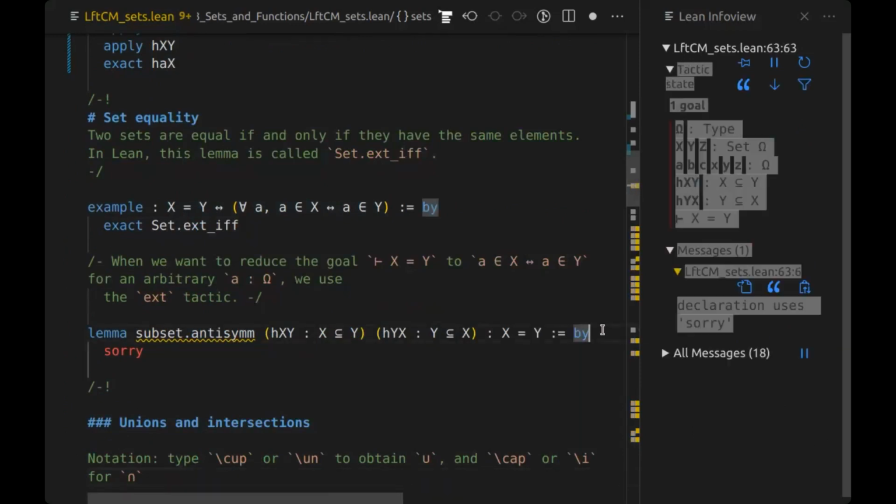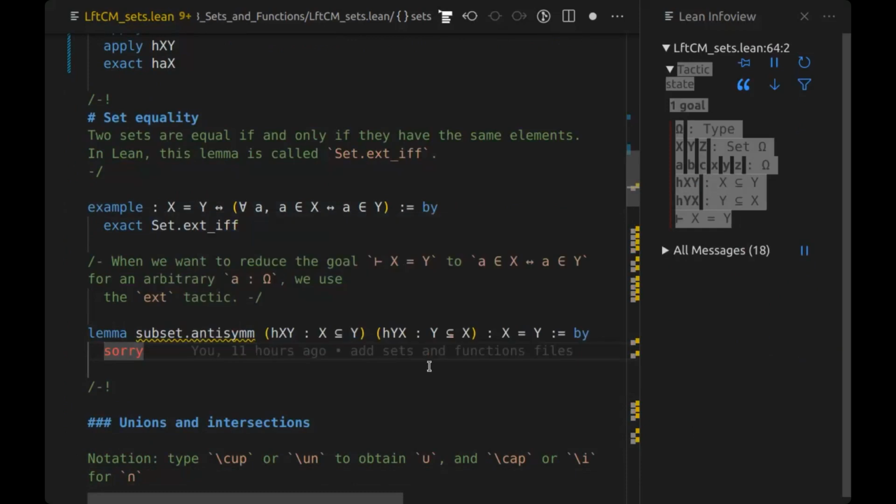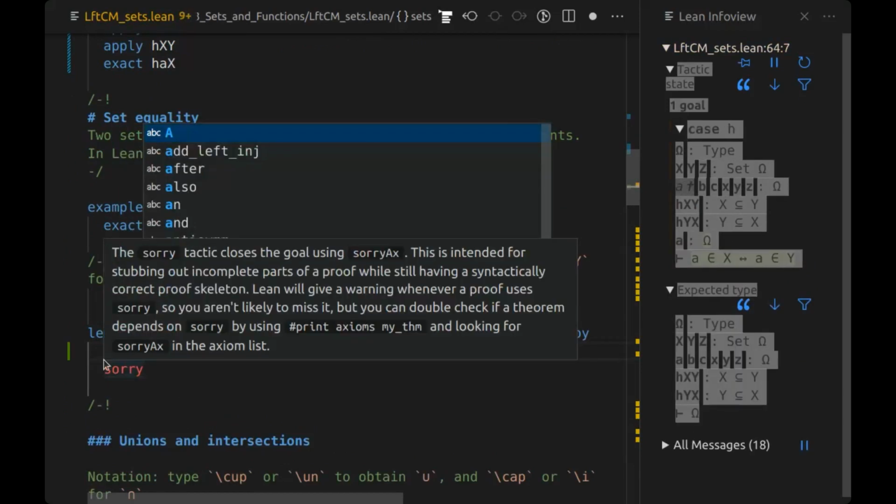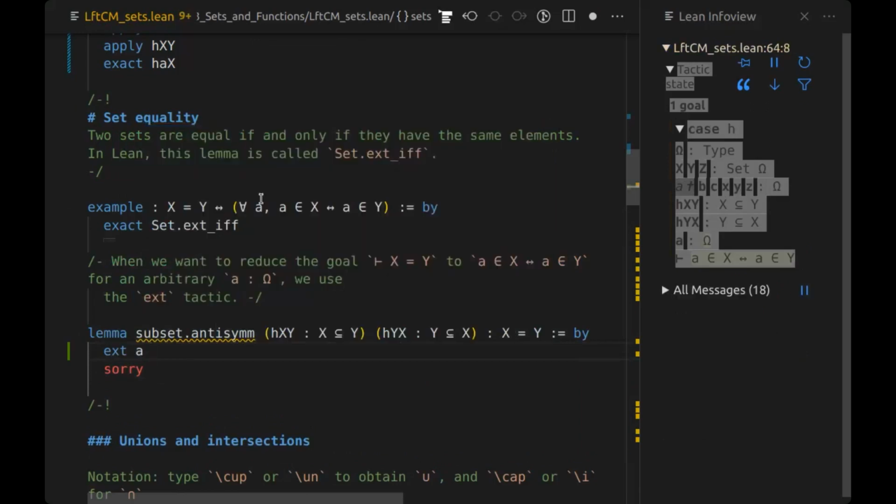And we can also do that by using the ext tactic. So for example, here I have X is containing Y, Y is containing X, and I want to prove that the sets are equal. So I'm going to start by doing ext A. So this extensionality tactic is going to apply this lemma here.